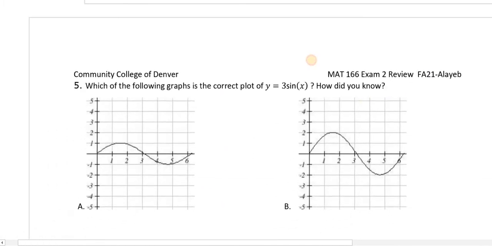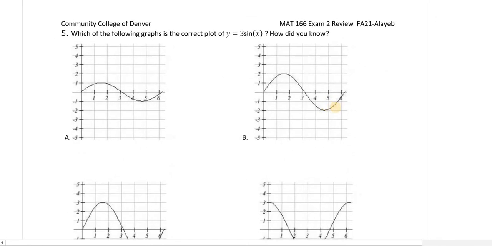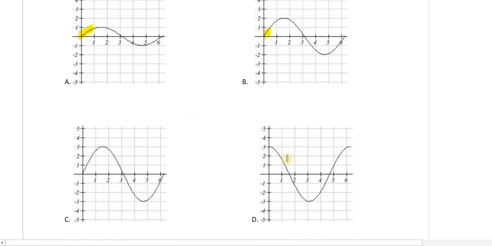Okay. Now, which plot here is 3 sine x, and how did we know? First of all, I'm going to identify all of the plots that are sine. I see that B is sine and A is sine, but D is not a plot for sine. This is cosine and this is sine.